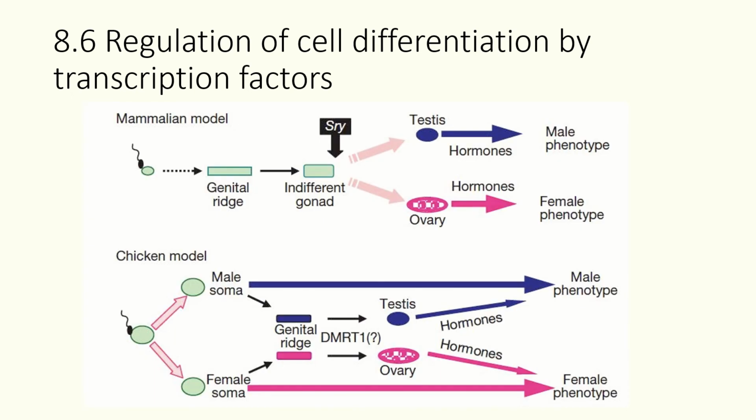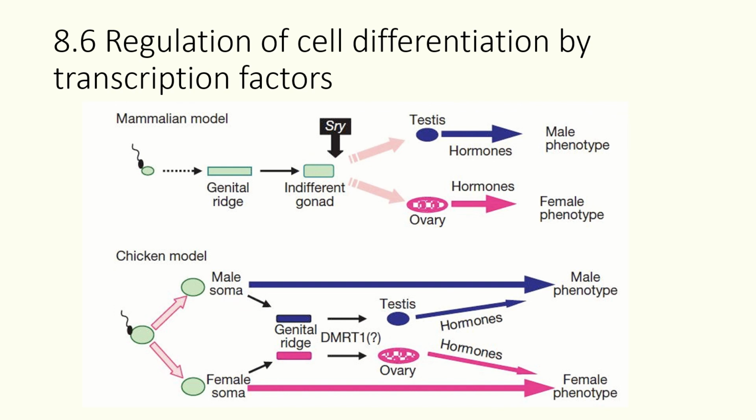male sexual development. If we have a look at chickens, for example, we have male or female eggs. They develop a genital ridge, and they have DMRT1, which potentially acts to sexually differentiate them. Whereas with males, we have the SRY. So we have an egg that forms a genital ridge and indifferent gonads.